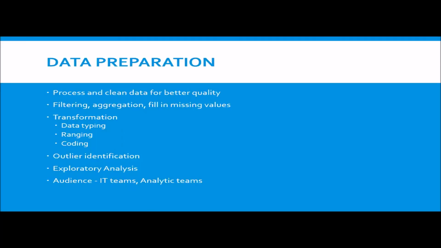So if we're looking at a transactional system and we're trying to analyze sales across some customer segment or something like that, then we'll be doing some aggregation, and then we'll be dealing with both missing values, and a lot of times you'll come across duplicate values.